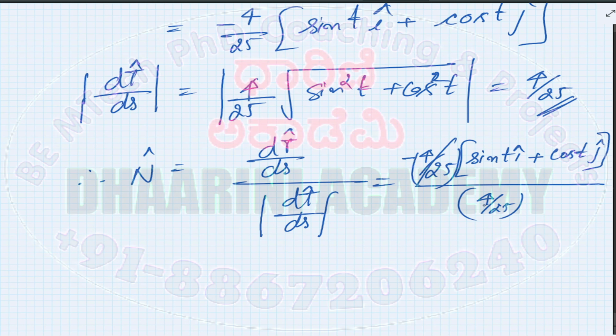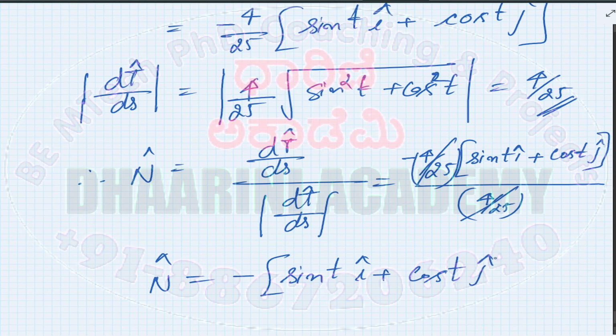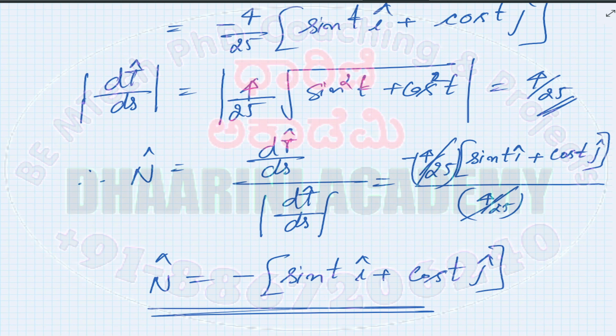You know that 4 by 25, 4 by 25 cancels. So the unit vector is nothing but minus of sine t into i cap plus cos t into j cap, which is the final required answer.